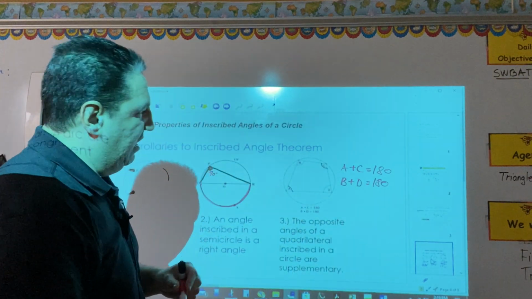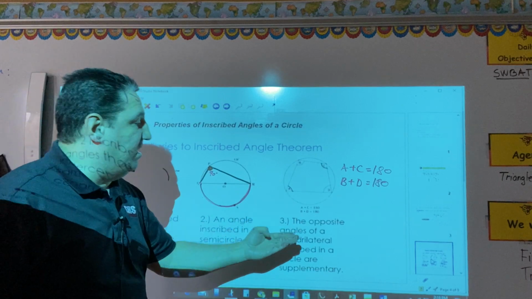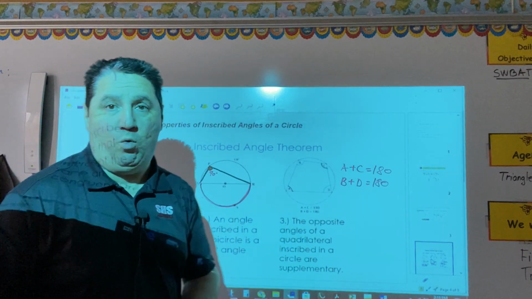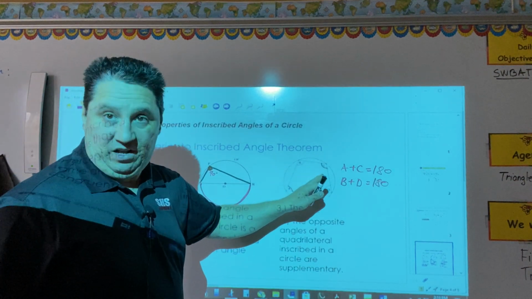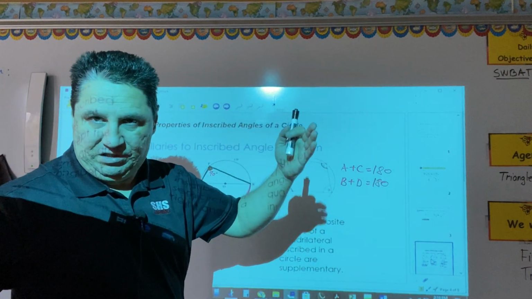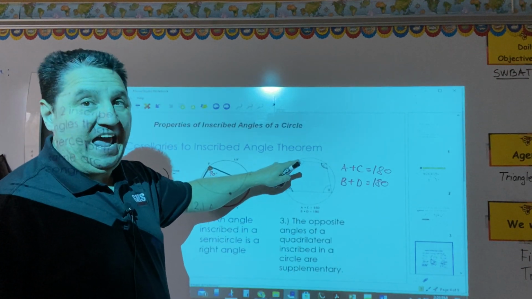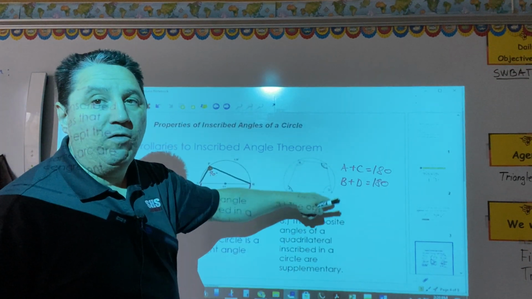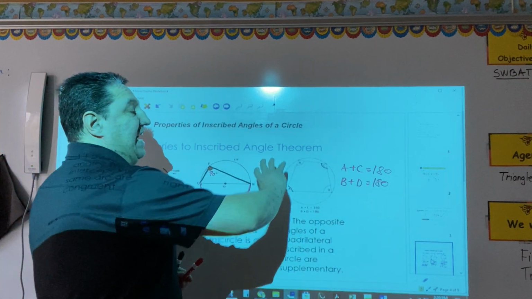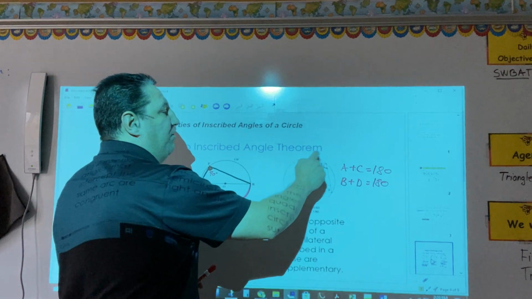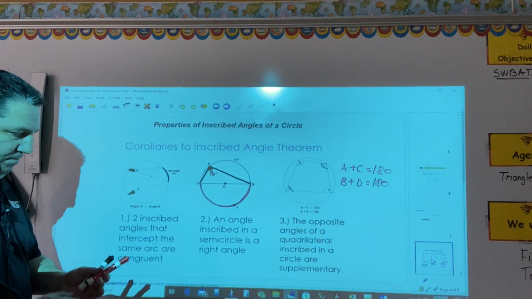But probably you'll ask me, what is an inscribed quadrilateral? An inscribed quadrilateral is a shape with 4 sides and 4 angles, whose vertices are all on the circle, so its 4 angles are inscribed angles. Good.